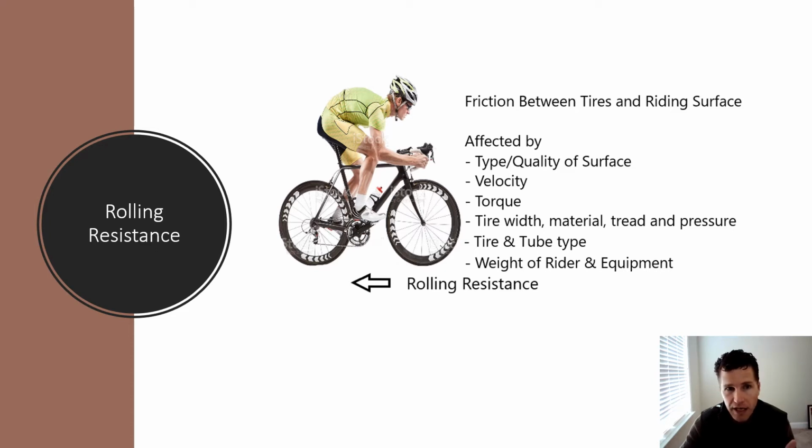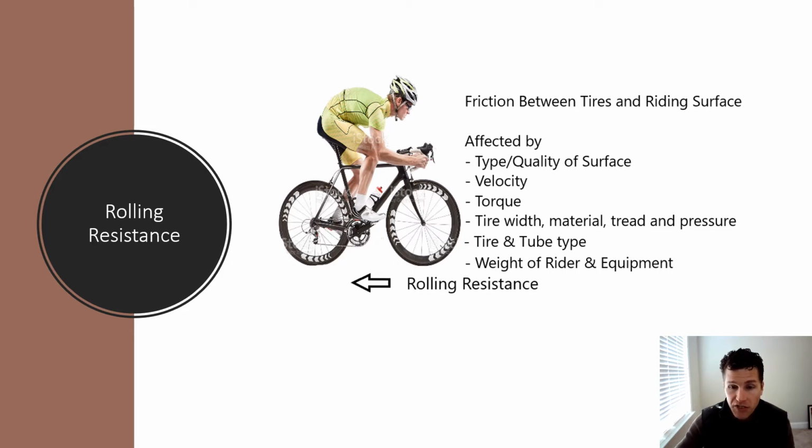Now, we all know that choosing the right tires, the tire width, the tire type, and pressure makes a big difference here. But when you make those selections, there are also some trade-offs. So you have to factor in the weight of the tire, because with wider tires, you can run them at relatively lower pressures and generally have lower rolling resistance because there's more contact area.